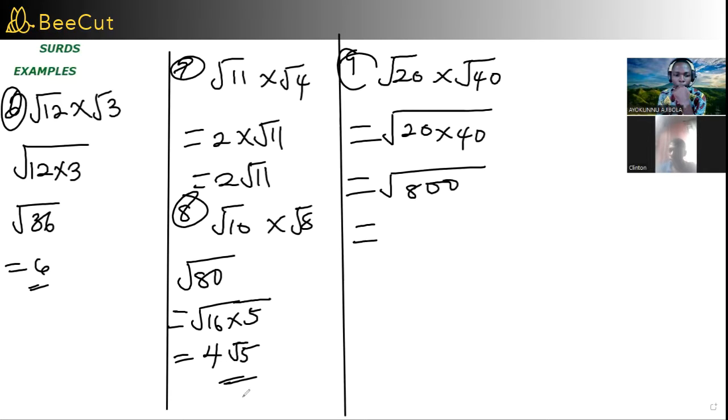Is that 160 times what? 5. And the 160 is not a perfect square, right? No, it's not a perfect square. So let's think again.